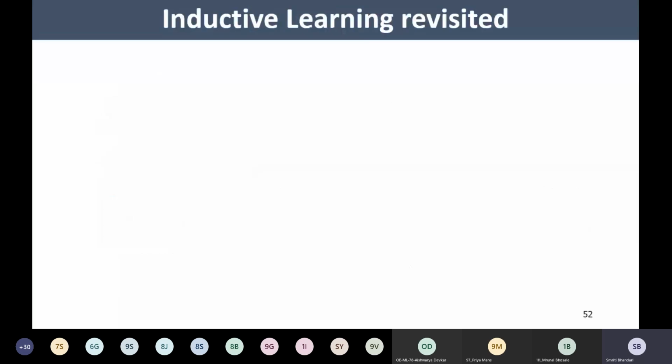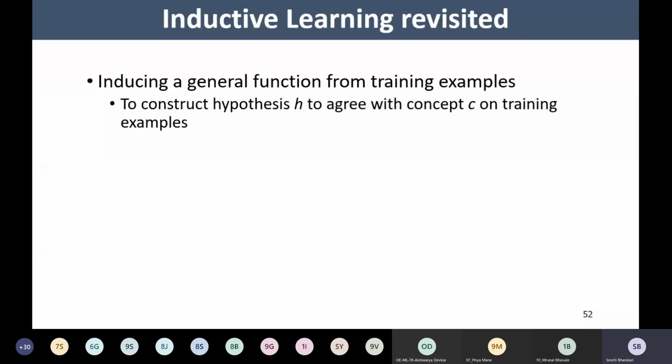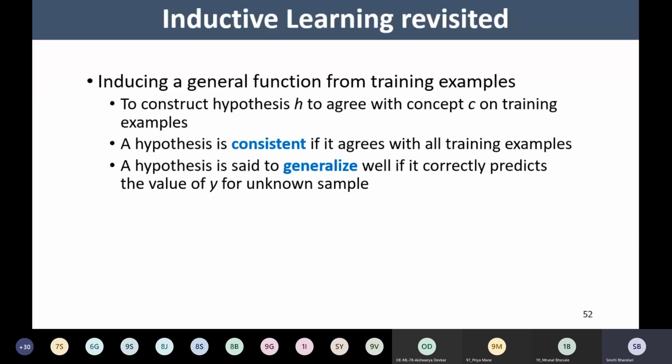After that, we had a discussion regarding the consistent hypothesis and the generalized hypothesis. So we said that a hypothesis is said to be consistent if it agrees with all training examples.